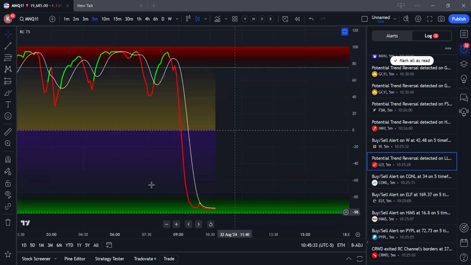If you see this one also, it came all the way to the bottom. You have to sell somewhere when it is here, and buy when it is somewhere here.